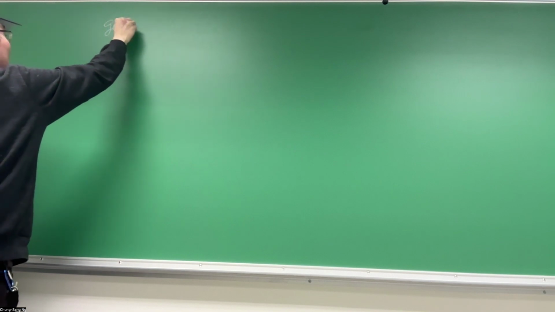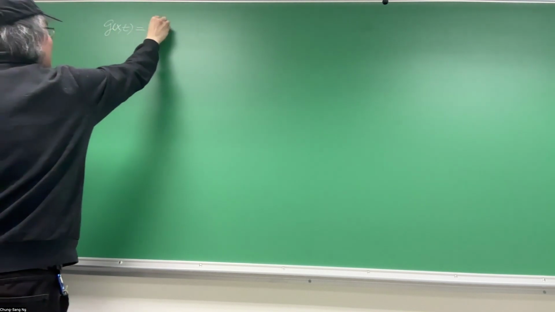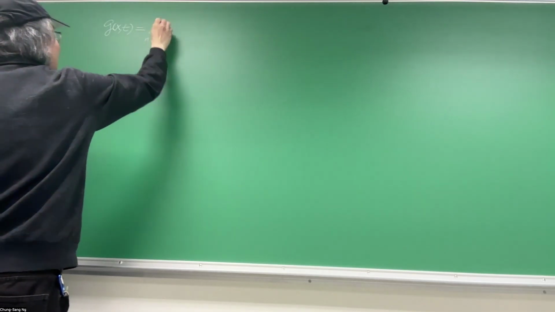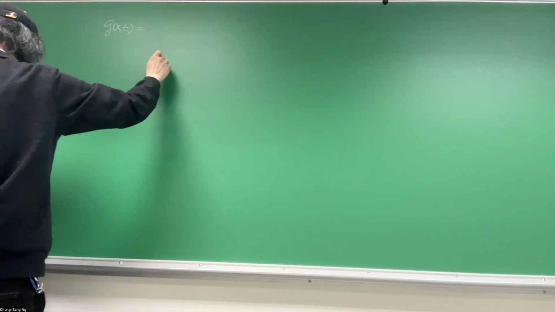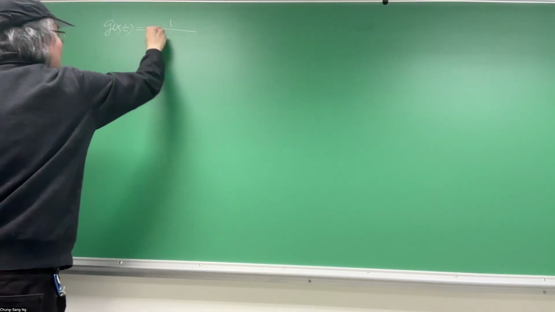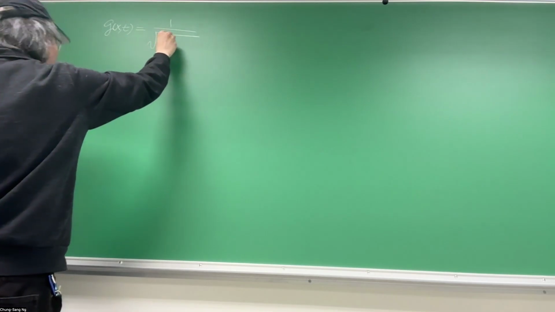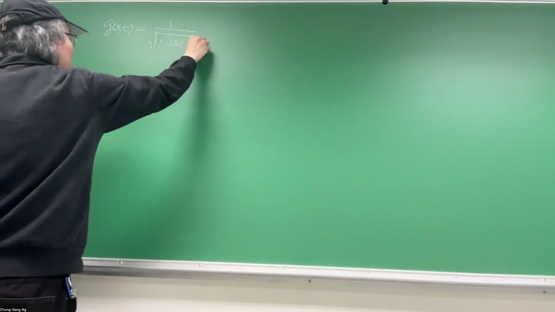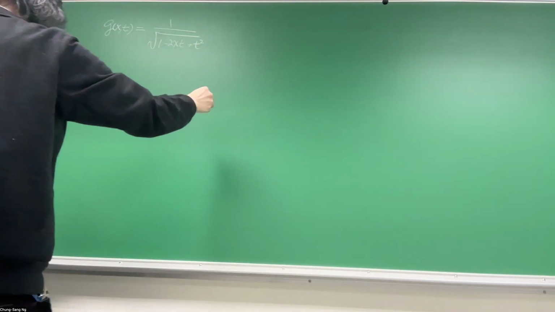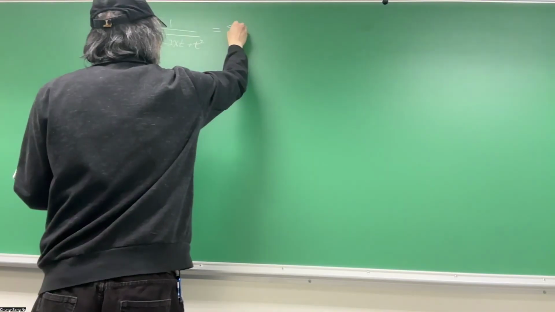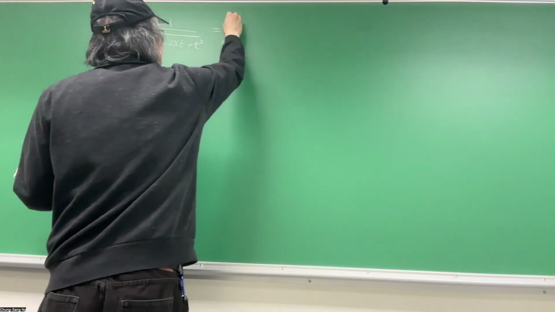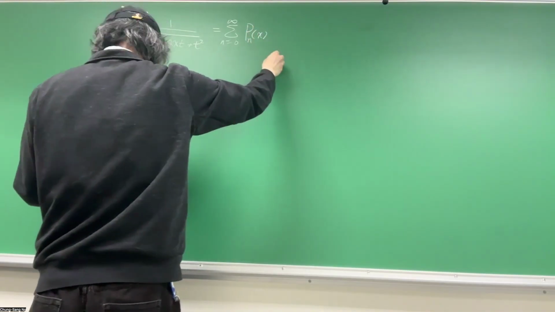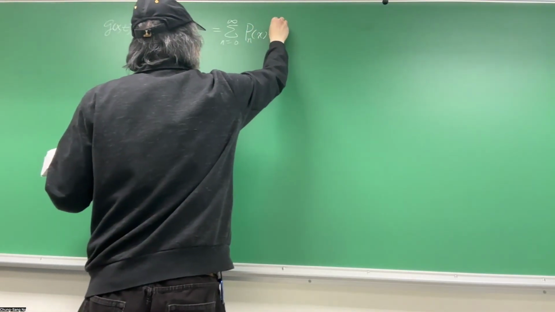The variables x and t are... Actually, I'll write down the form first. 1 over 1 minus xt plus t squared, and then it equals the sum over all these e sub n as a function of x, times t to the power n.